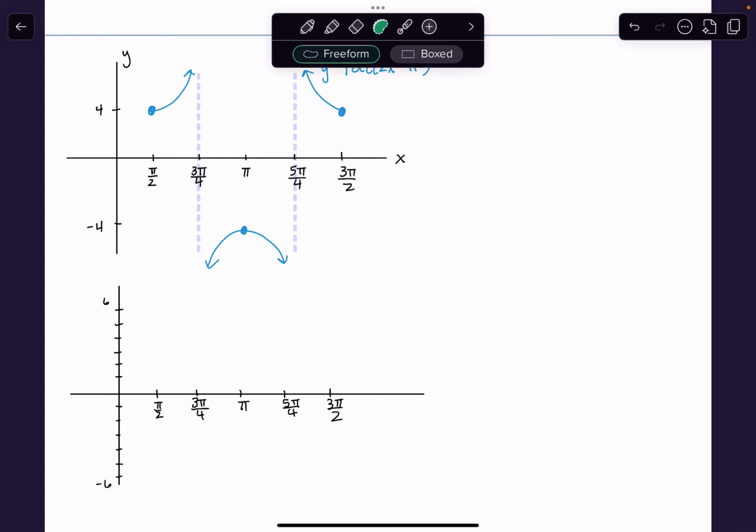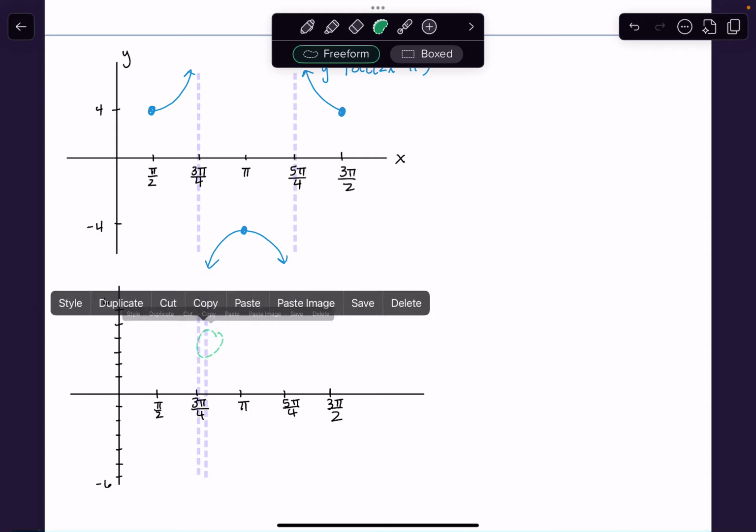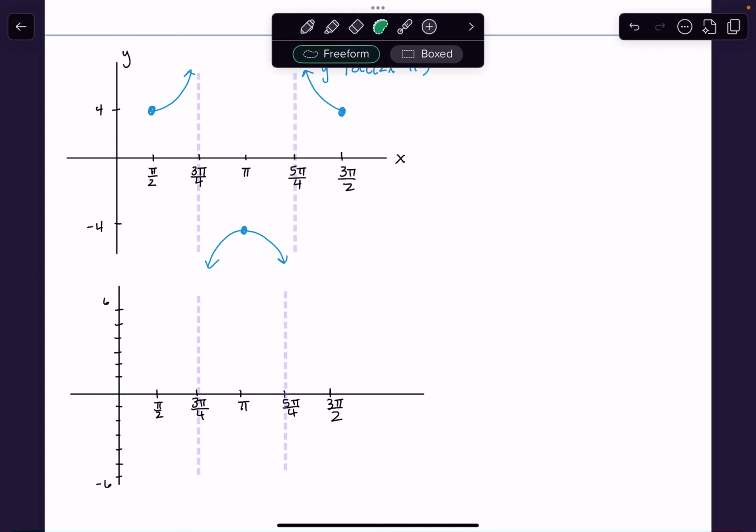My asymptotes do not change because if you shift them up one, it's still a vertical line. So those still occur at the same spots. This point here was at +4, which is right there. So moving it up one turns into that spot. So it starts at 5. And then your graph really stays the same. This point is at -4, which would have been right here, but it needs to move up one.